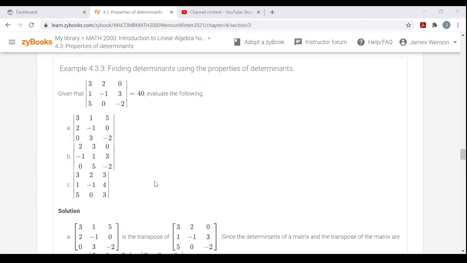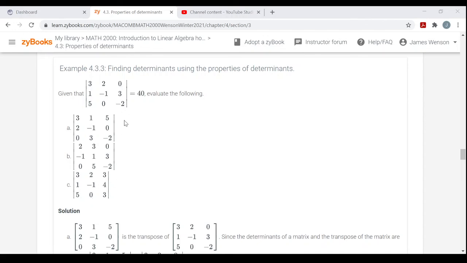And then this last one, the first column's the same, second column's the same. All right, so they got the third column somehow. What would they have done? It looks like they have 3, 4, 3.